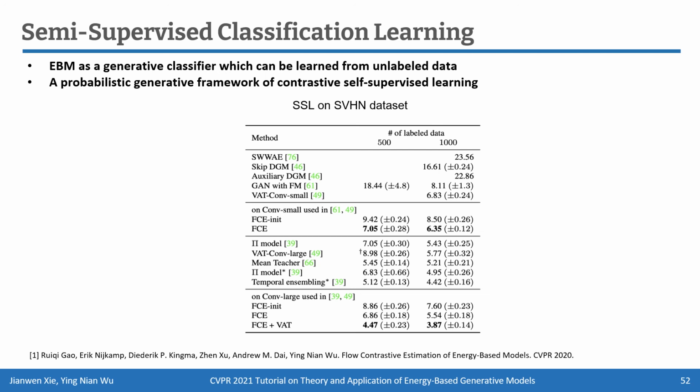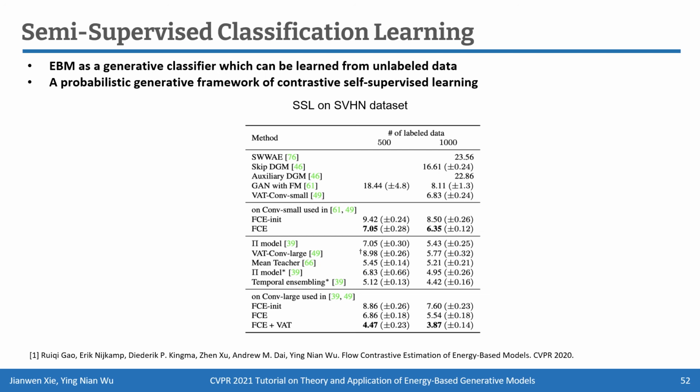For the unlabeled data, you can train both the flow-based model and the energy-based model jointly, where the energy-based model is trained in a discriminative way, like a classifier. So the EBM is like a generative classifier, but it is learned from unlabeled data.